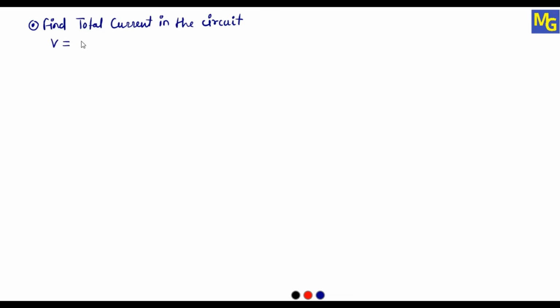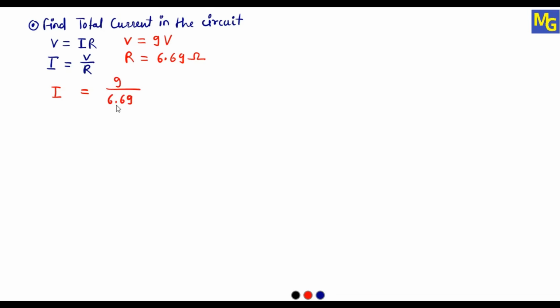V is equal to IR. We are going to use Ohm's law. Rearrange it: I is equal to V divided by R. The values we have: V is 9 volt, and R is 6.69 ohm.